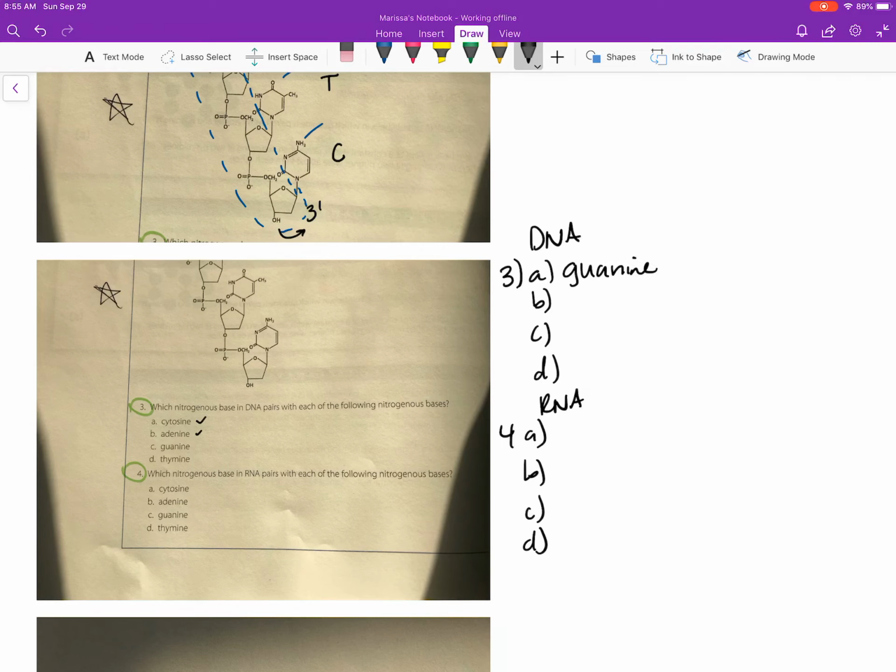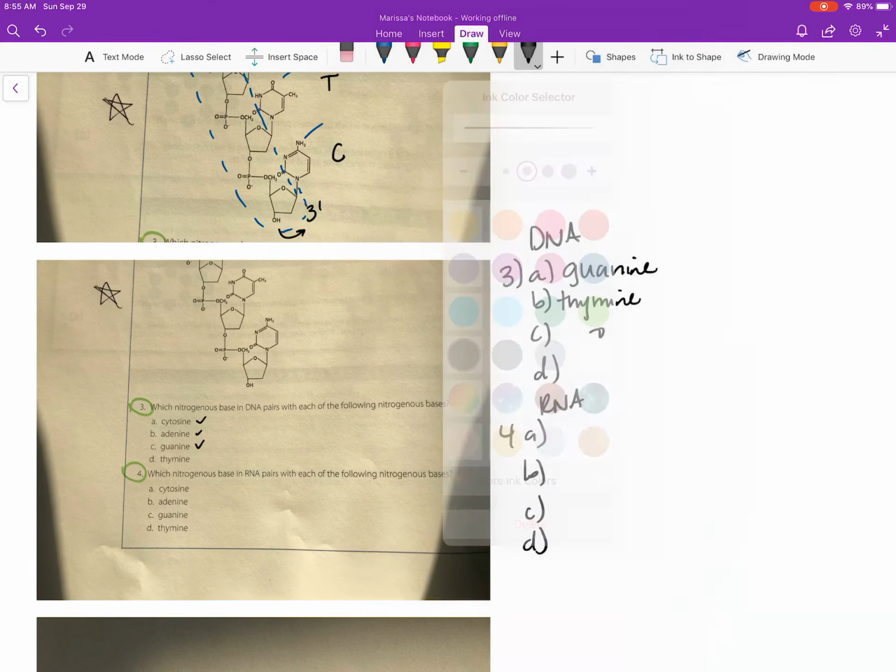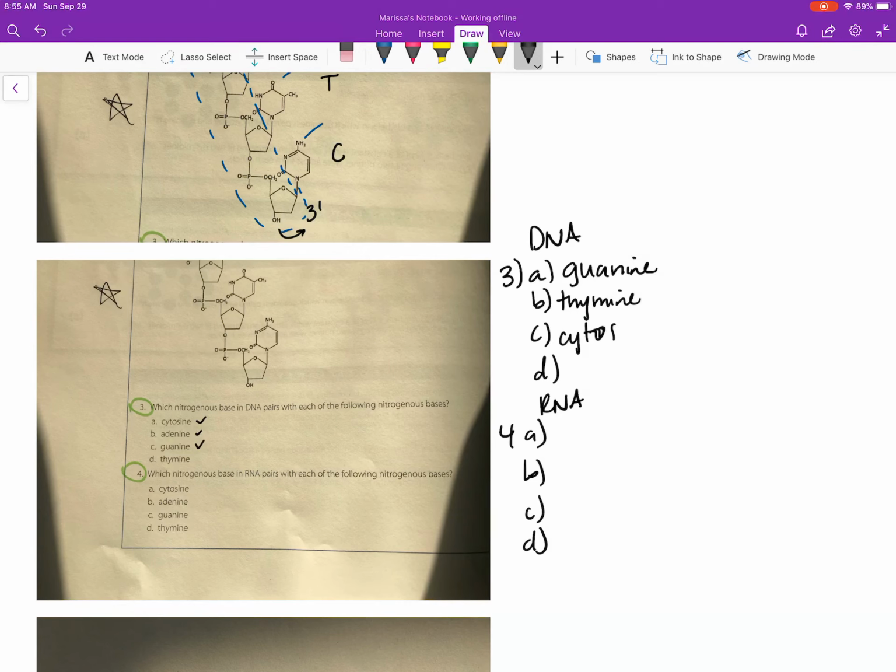If I have adenine, it's going to pair with thymine in DNA. If I have guanine, it's going to pair with cytosine. And if I have thymine, it's going to pair with adenine in DNA.